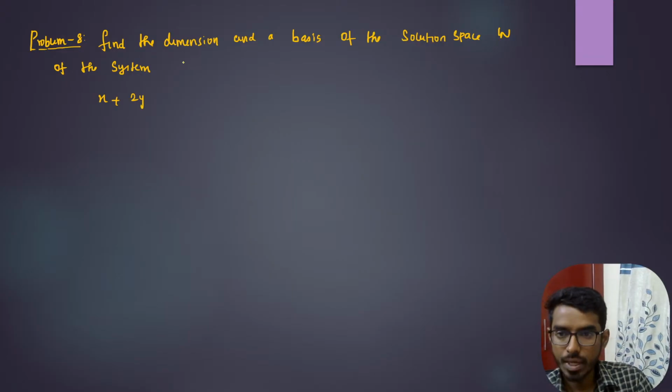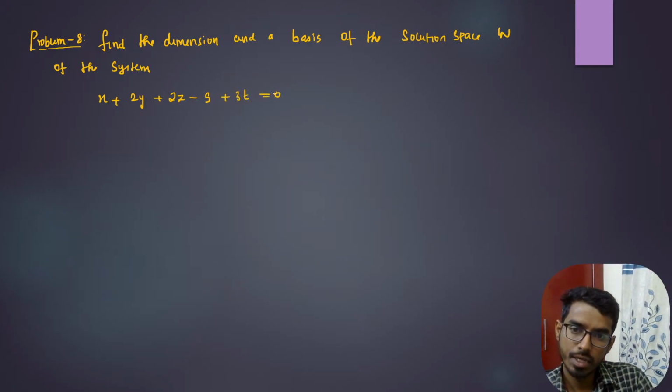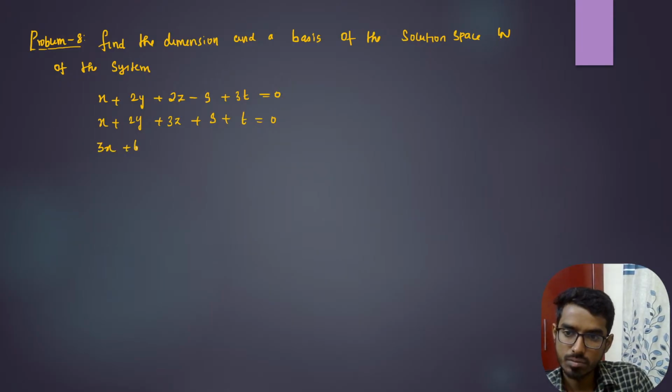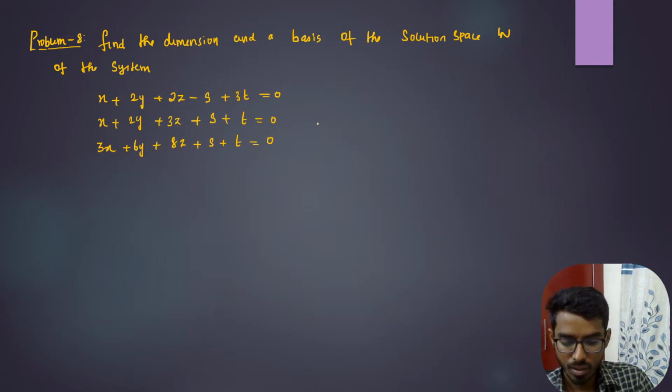x plus 2y plus 2z minus s plus 3t is equal to 0, x plus 2y plus 3z plus s plus t is equal to 0, and instead of x1, x2, x3, x4, x5, here they are given x, y, z, s and t, that's it. 2x plus y plus 8z plus s plus t is equal to 0, right?